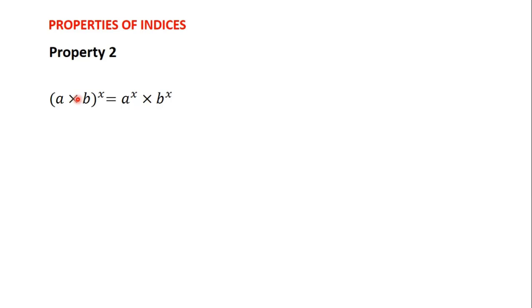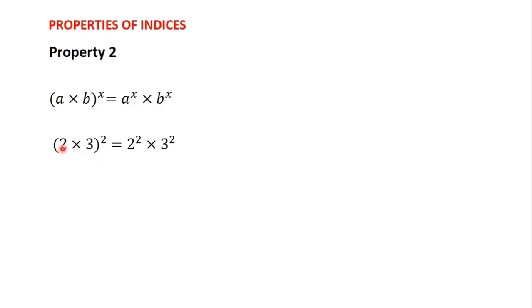So if you have a times b in brackets exponent x, it is equal to, you give the exponent to the first one, then you give the exponent to the second one. So a exponent x times b exponent x. Once again, you can't do this when it's addition or subtraction. This property is for multiplication.